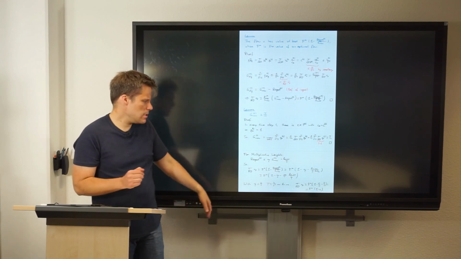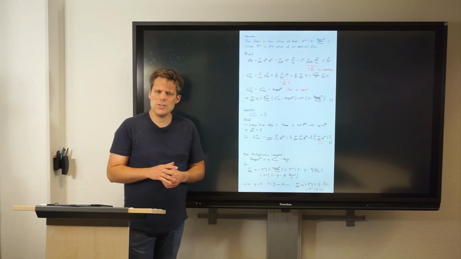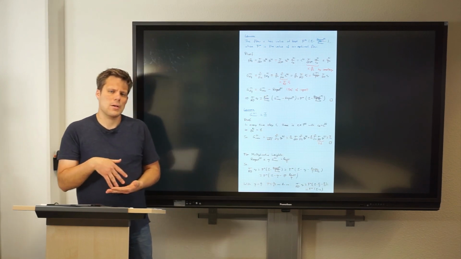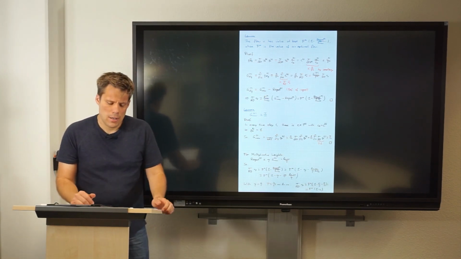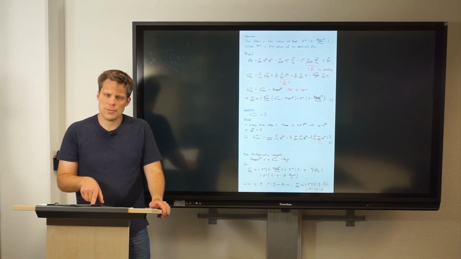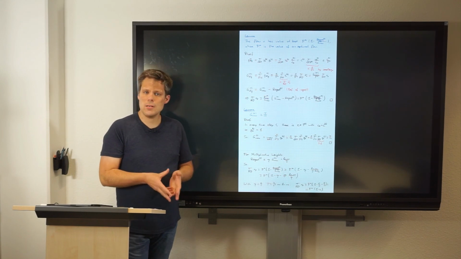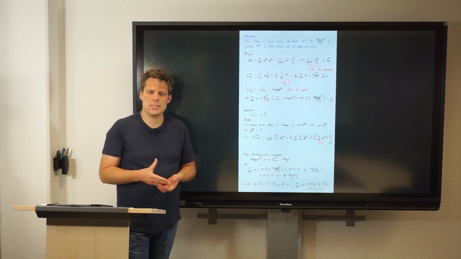So what you see is it's actually not super complicated. Once you have this algorithm for the experts problem, or once you've analyzed the multiplicative weights algorithm, you can also reuse this for certain settings.